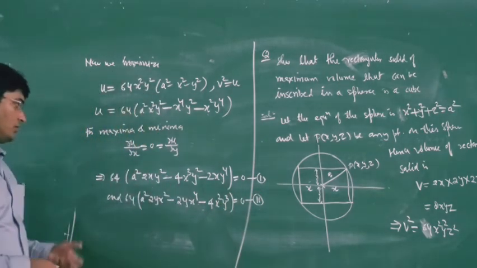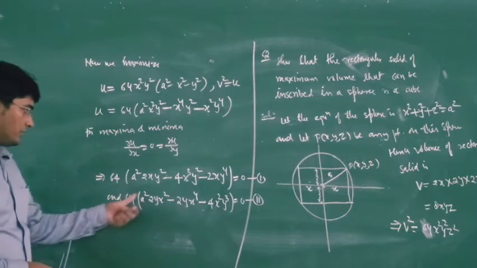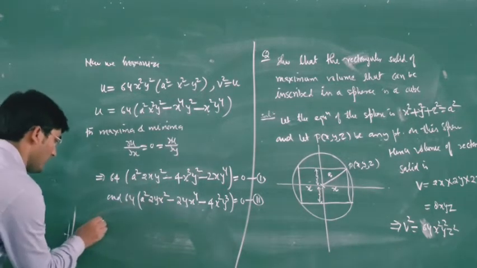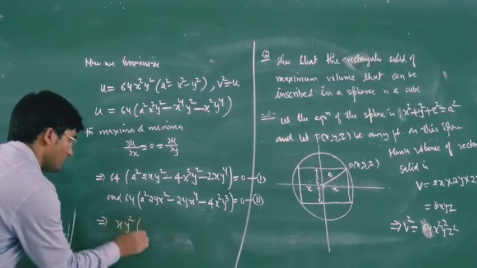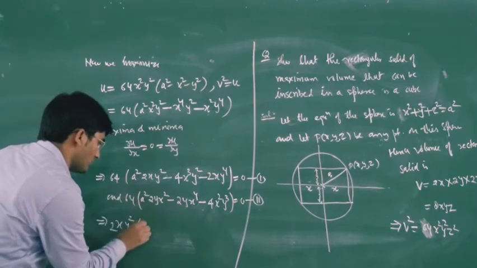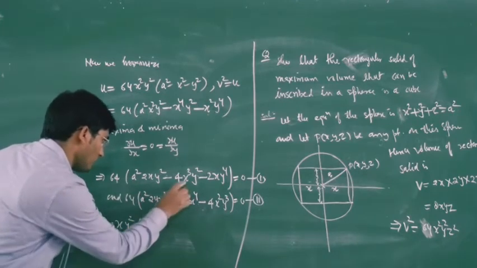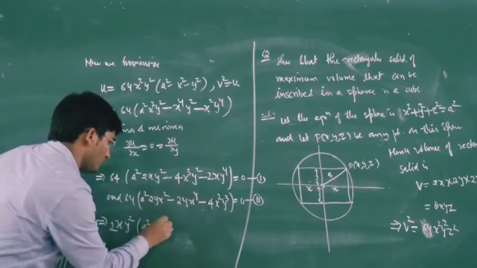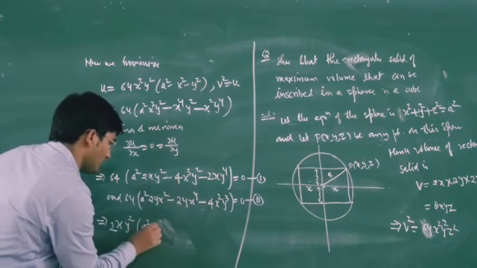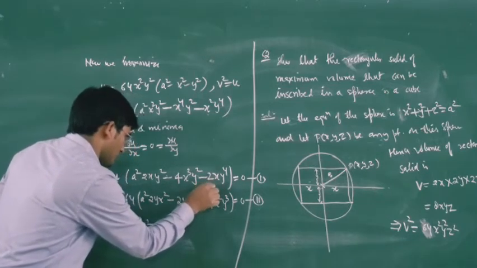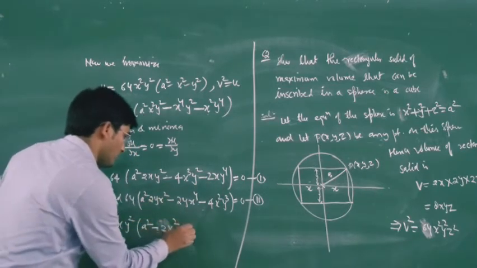Now if we take xy square common, then in the bracket let us take 2 common. So in the bracket we will have just a square. We have already taken 2xy square common, so here we will get 2x square, and here we will have y square.